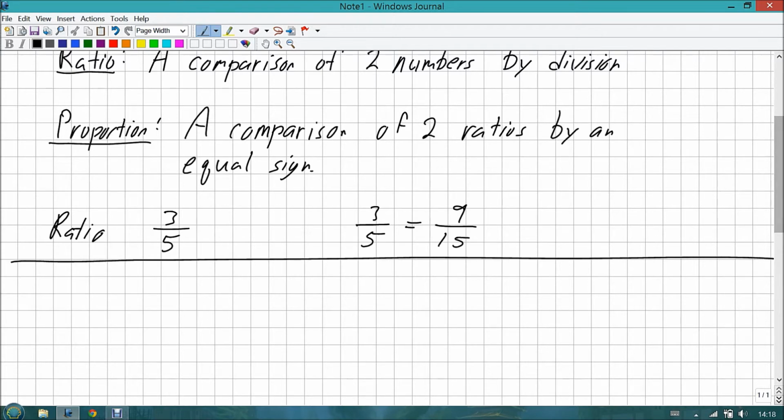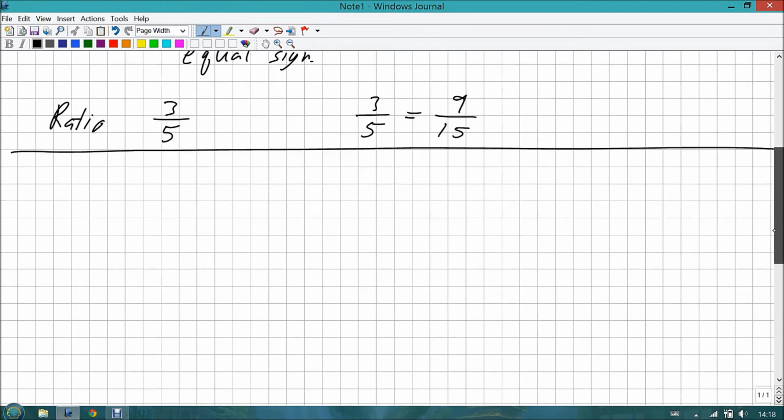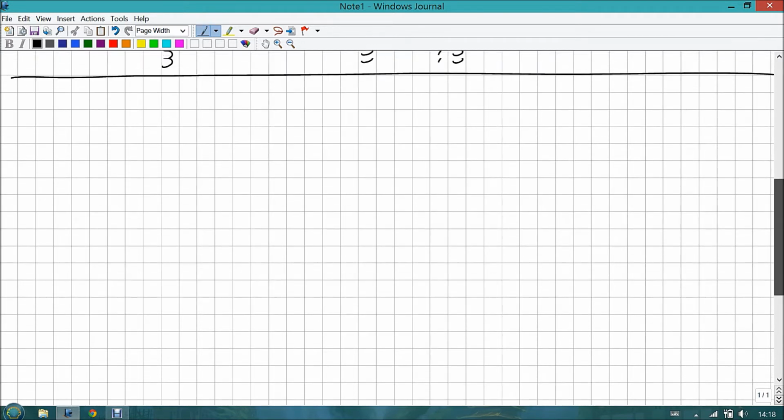Let's say that we have a proportion where we don't know what one of the values is. Say that we're making dinner for a very big family, and we know that we have 2 cups of water for every 3 cups of rice. And the problem is that 3 cups of rice is not nearly enough for the family.